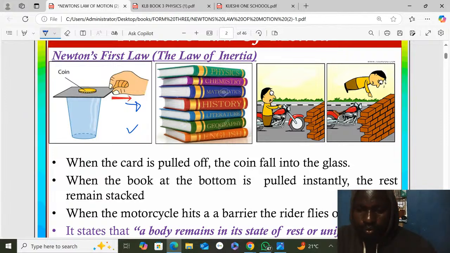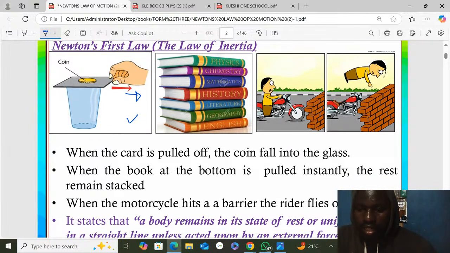What will be the observation? We expect that the coin will fall straight down from where it was placed. Therefore, when the card is pulled off, the coin falls into the glass.